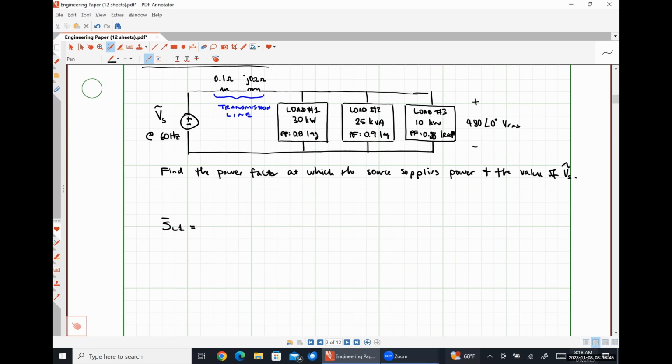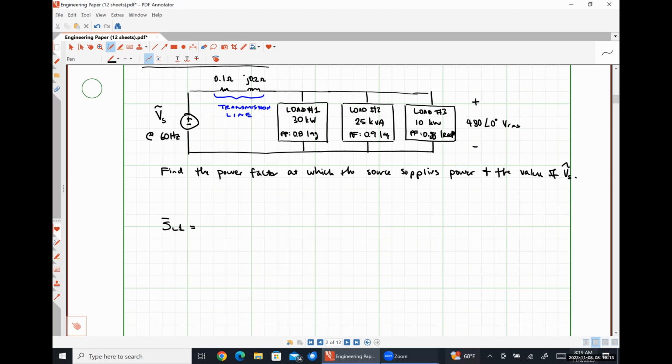We were given the power factor, which is 0.8 lagging, and we were also given 30 kilowatts. So does that 30 kilowatts represent apparent power, average power, or reactive power? Average power, because the units are in watts, right?